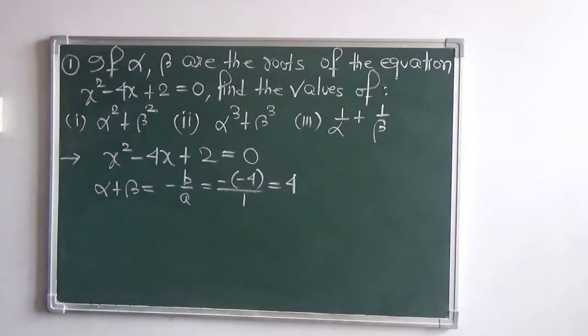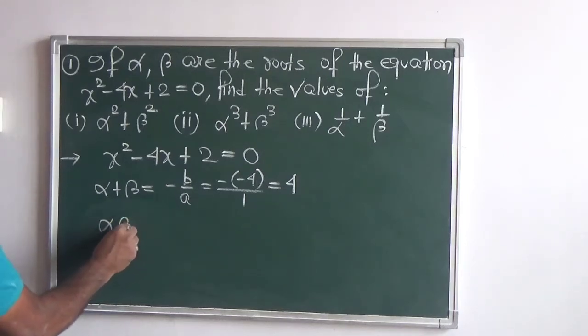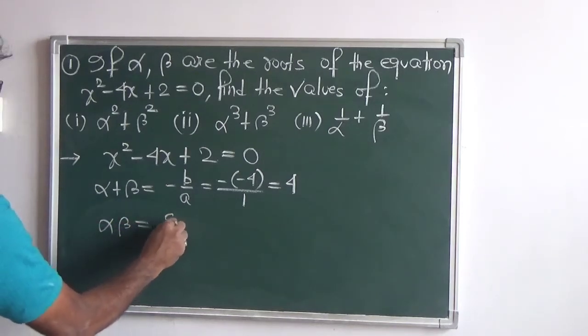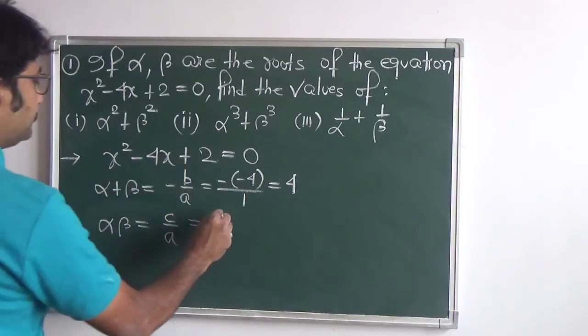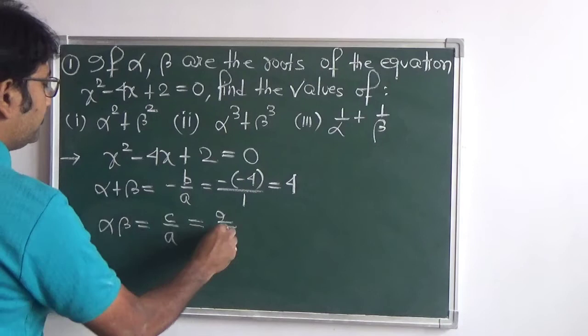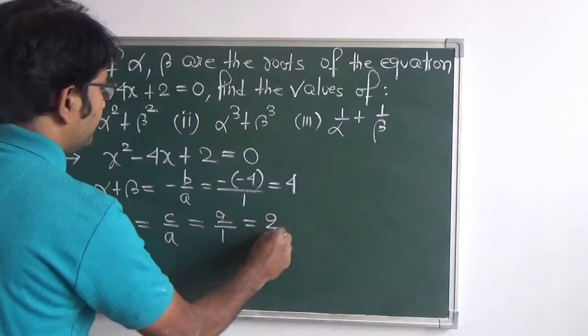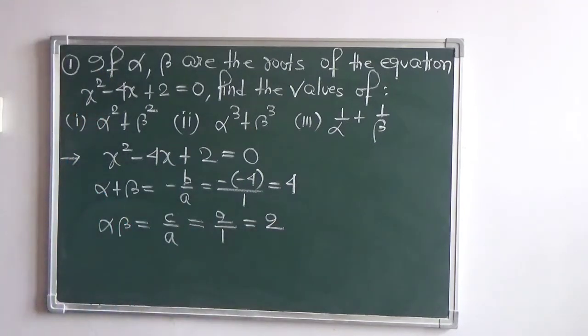That is minus b by a, that is minus of minus 4 by 1, that is equals to 4, and the product of the roots alpha beta is equals to c by a, and c is the constant term, that is 2, a is 1, and that is coming to 2. So we have alpha plus beta equals to 4, and alpha beta, that is the product, is equal to 2.